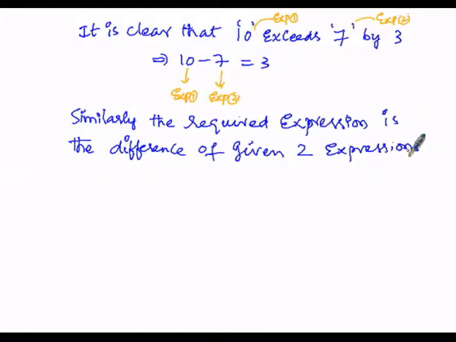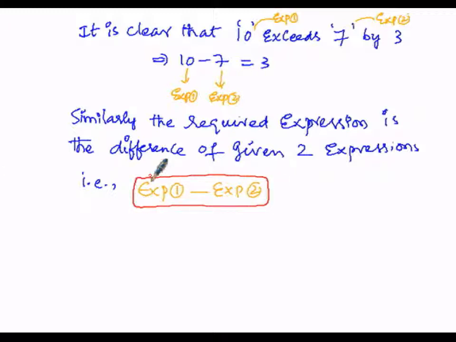That is expression number 1 minus expression number 2. But here we are subtracting expression number 2 from expression number 1. So the algebraic expression which is to be subtracted must be kept in the second row, and expression number 1 must be in the first row.